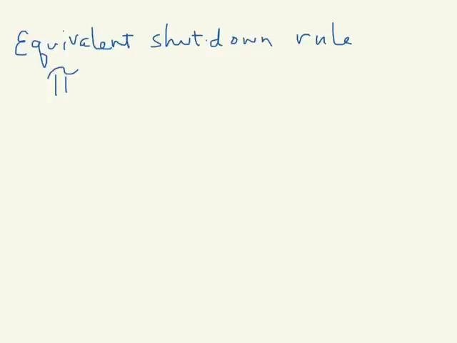Shut down if profits are less than the negative of your total fixed costs. Well, profits are equal to total revenue minus total cost. And if that's less than the negative of your total fixed cost, then shut down.